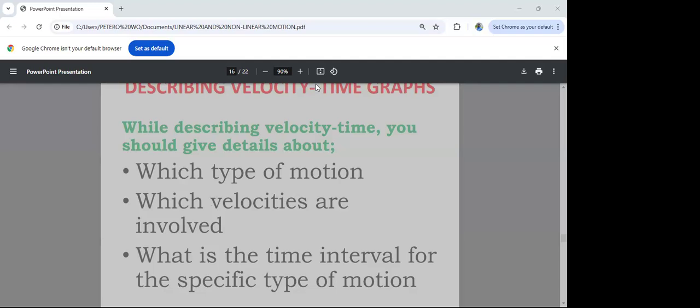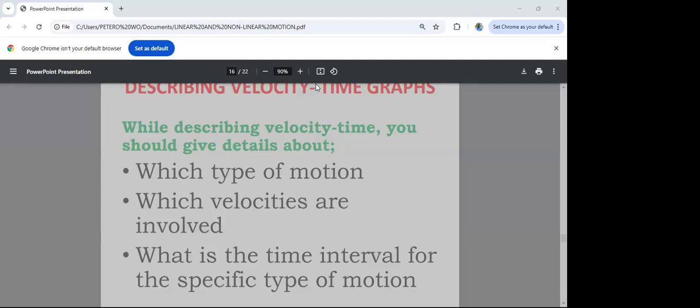After telling us the type of motion and velocity, you must tell us the time interval for that specific motion. For example, uniform acceleration from 10 meters per second to 20 meters per second in 4 seconds. So that will be a complete description for a certain motion. You have told us the type, the velocity involved, and the time interval.